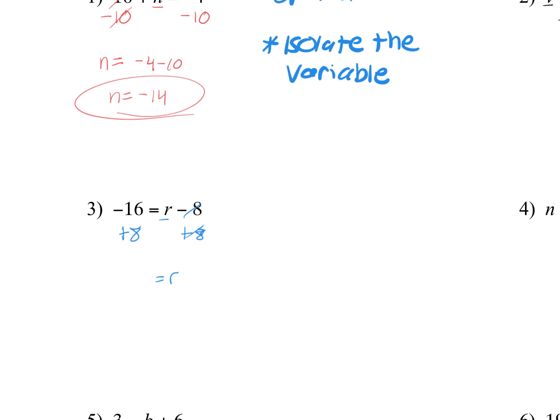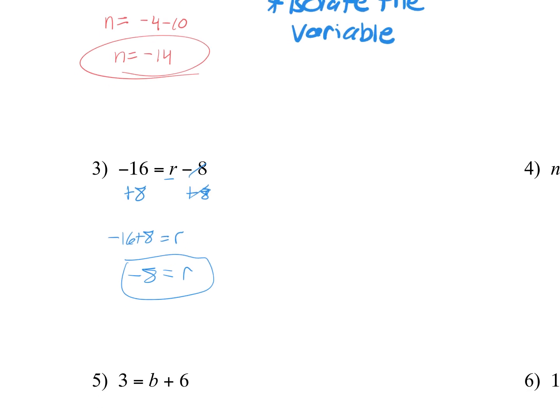So then we get r is -16 plus 8. When they have opposite signs, you can subtract and keep the sign of the bigger number. So we get -8 here. 16 minus 8 is 8, and the 16 is bigger, and it's negative, so we keep it. In this case, it doesn't matter if you write -8 equals r, or r equals -8. That's the same thing. I don't care which side of the equal sign it's on.